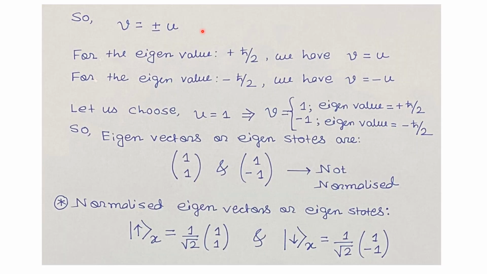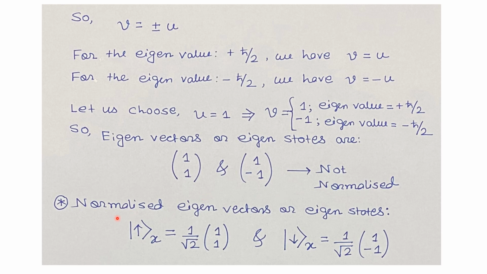So we will get v equals plus minus u. For the eigenvalue plus ħ/2, we will have v equals u. For the eigenvalue minus ħ/2, we will have v equals minus u. Let us choose u equals 1. Then v equals 1 for the eigenvalue plus ħ/2 and v equals minus 1 for the eigenvalue minus ħ/2. So the eigenvectors or eigenstates for the spin operator Sx cap will be (1, 1) and (1, minus 1), but they are not normalized.